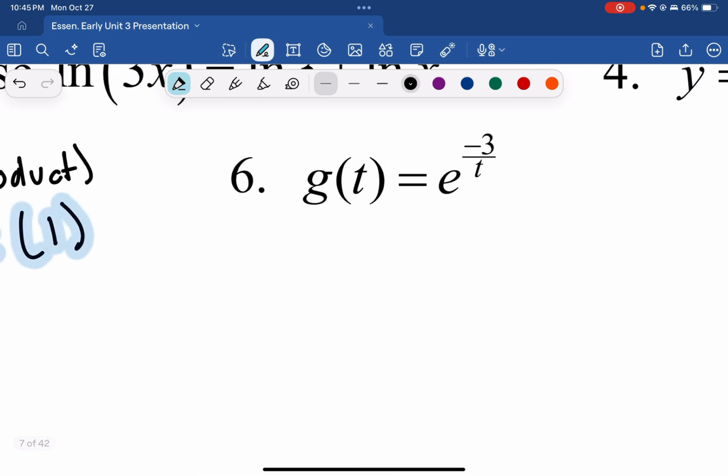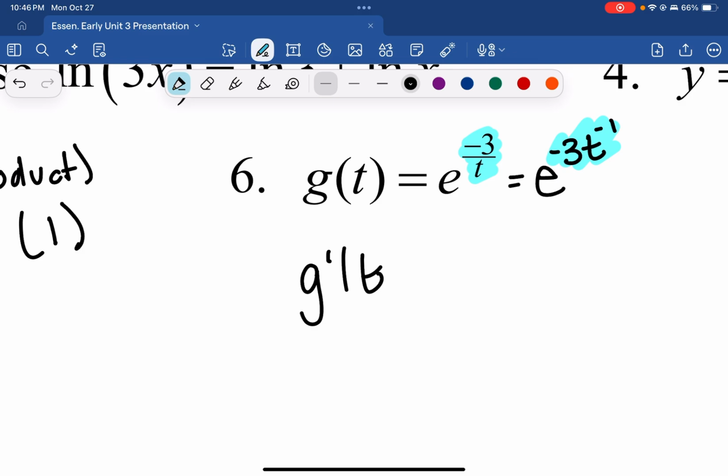For number 6, we've got g of t equals e to the negative 3 over t. So that u piece is negative 3 over t. But I'm actually going to rewrite this as e to the negative 3 times t to the negative 1. That power is going to make it a little easier to take the derivative. So g prime of t is going to be e to the negative 3 over t times the derivative of negative 3t to the negative 1.